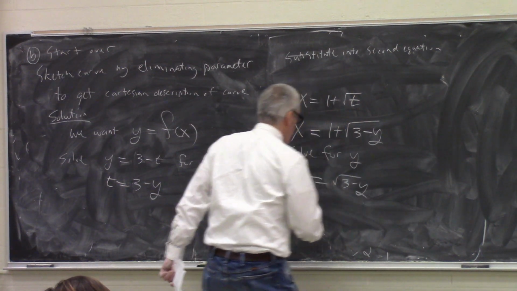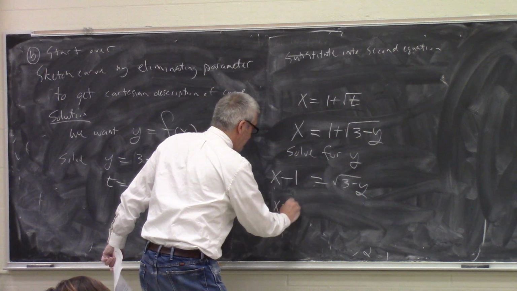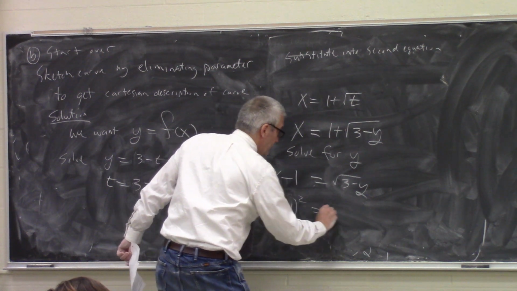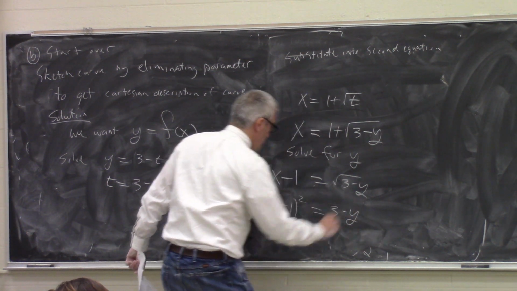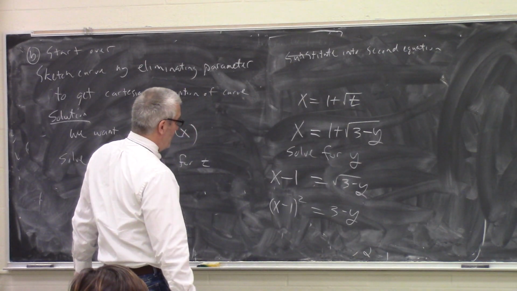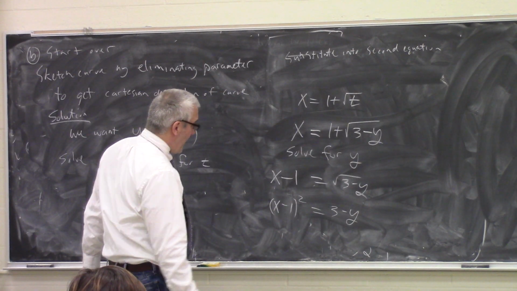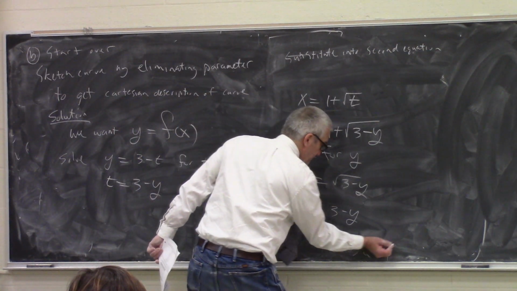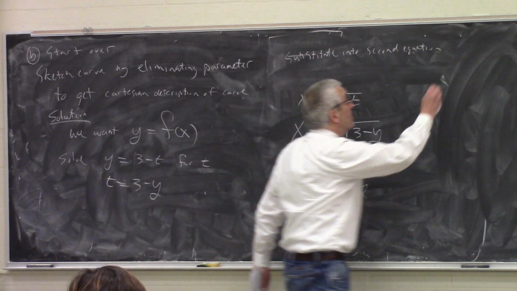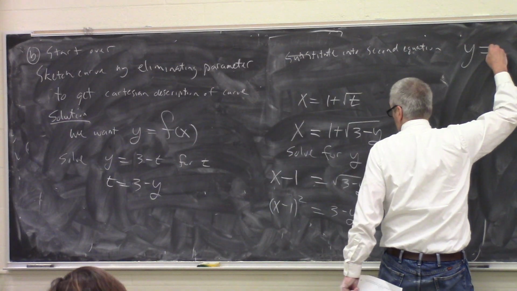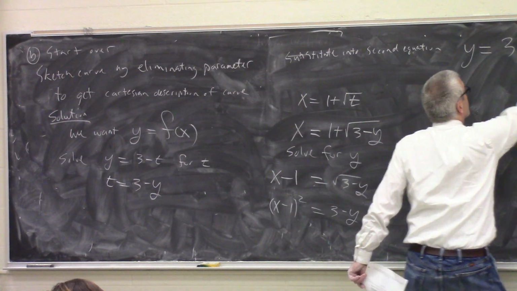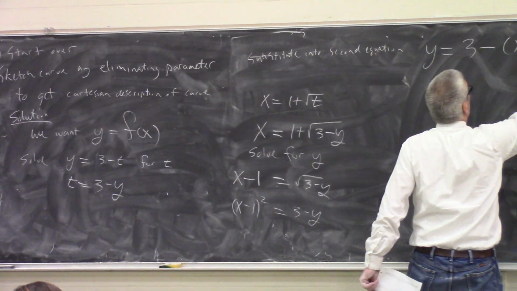So let's square both sides. (x minus 1) squared equals 3 minus y. And then let's add y to both sides and subtract that square term from both sides. So I get y equals 3 minus (x minus 1) squared.